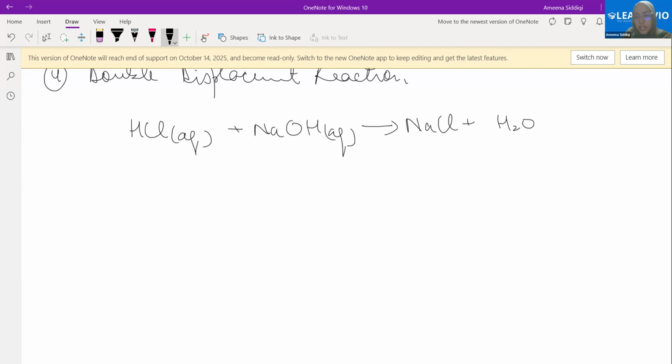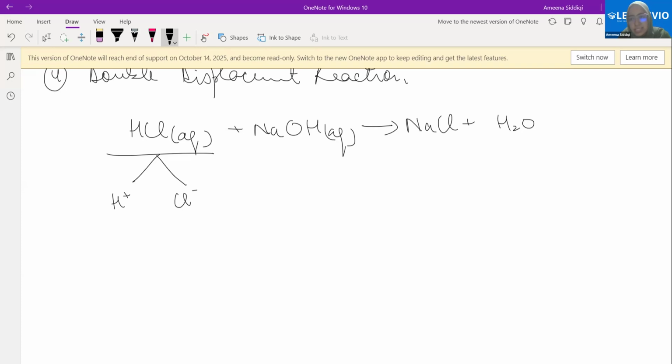Fine. Let's try to understand how the products are formed here. In water, HCl dissociates into H plus and Cl minus. You have already learned this, I think in the second chapter: when any compound is in water, water helps to dissociate that compound wherever possible.